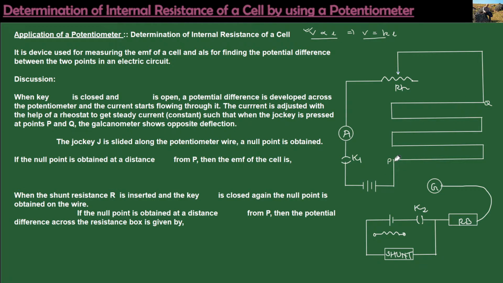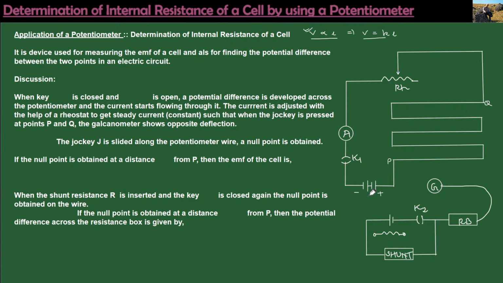Now along these points P and Q, we will apply a potential by the help of this battery, and since this is the positive potential of the battery, this will be the negative potential of the battery. So at point P we will apply positive potential by the help of this voltage source.